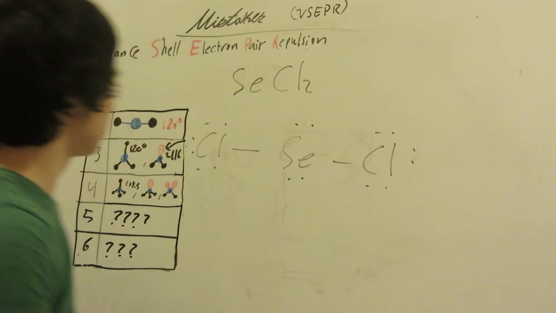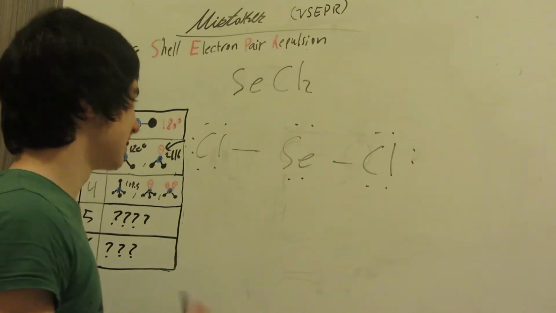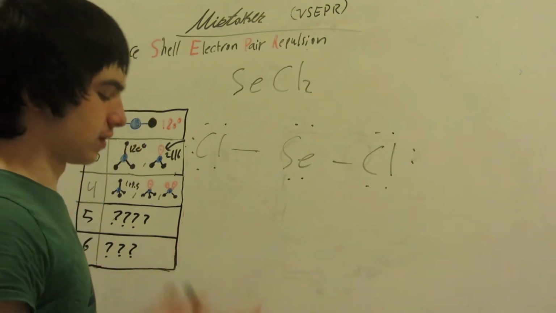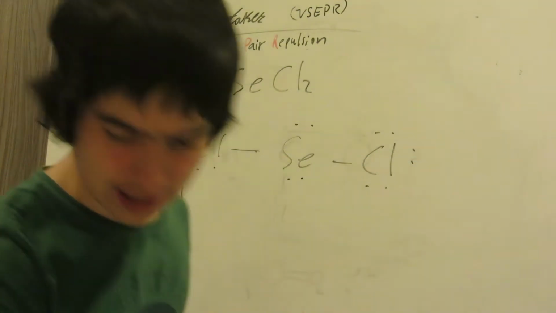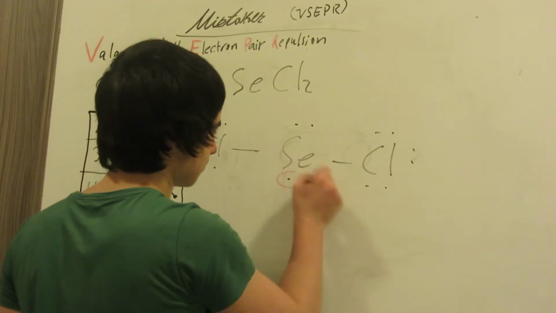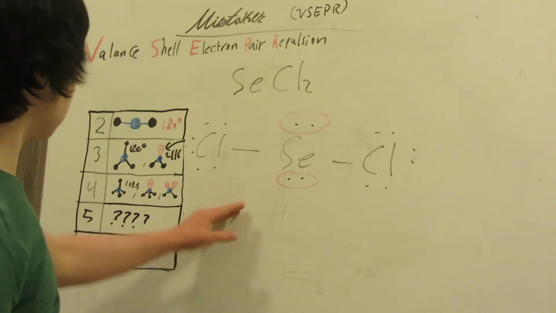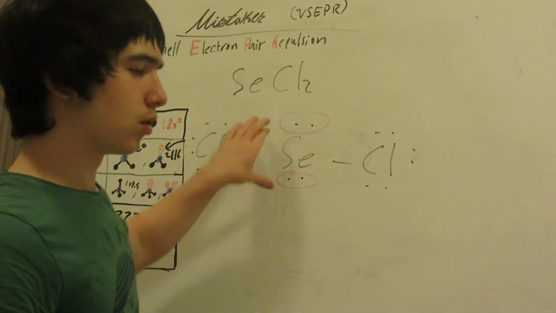Next part is going to be forgetting the lone pairs of electrons. It means they look at this Lewis structure and they don't notice that we have lone pairs of electrons. And in that way, they will also draw a linear shape, forgetting that there are 2 lone pairs of electrons.